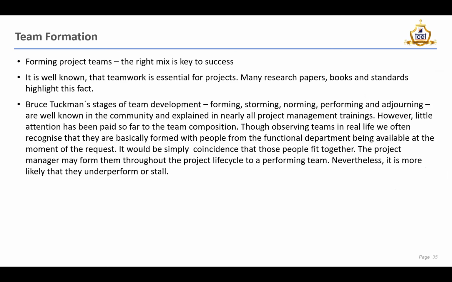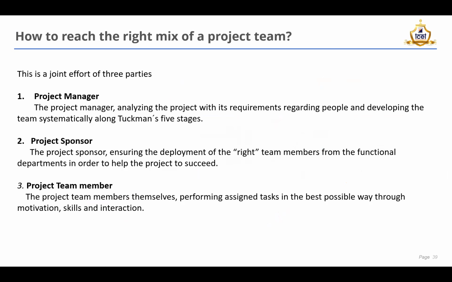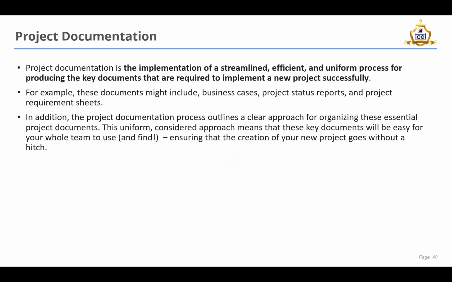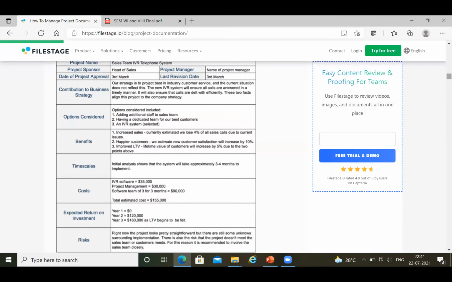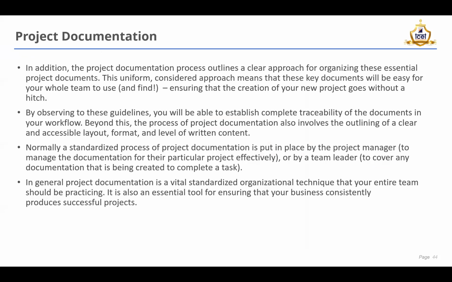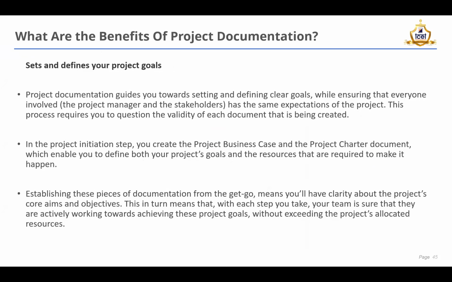Then we looked into the most important part, I would say, or the starting point of design thinking, which is the formation of a team, and the steps of making a performing team. Then we looked into another important part of any project implementation, which is documentation, and certain case studies of how things need to be documented and its importance.